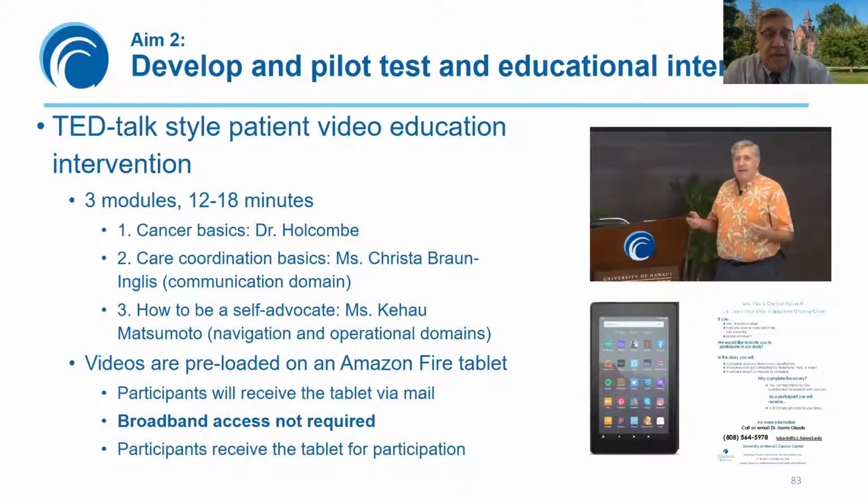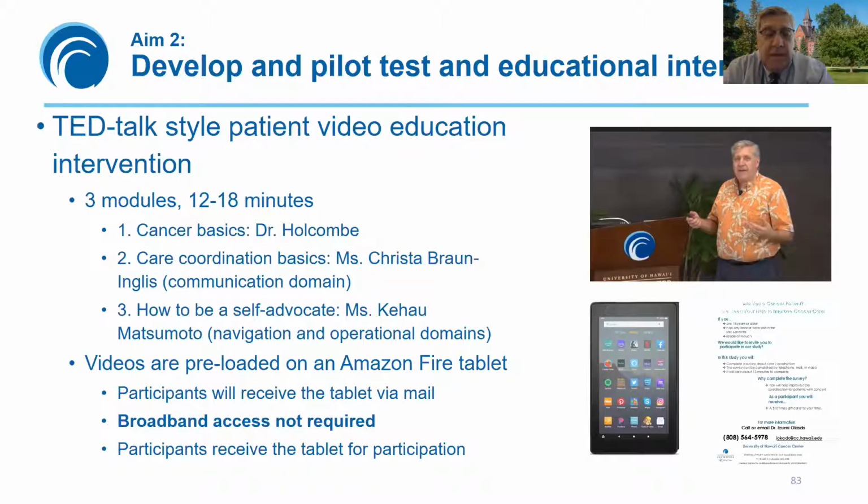This is some images of our TED Talk style video education intervention. You can see I'm wearing my Aloha shirt here. We'll have 3 modules, one going over cancer basics, one focusing on care coordination, and one on self-advocacy. We're preloading these onto an Amazon Fire tablet, which will be provided to the patients.